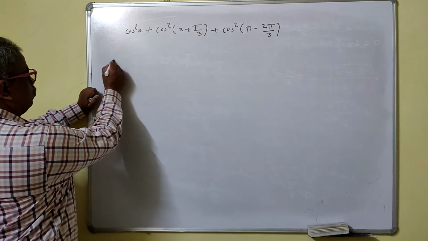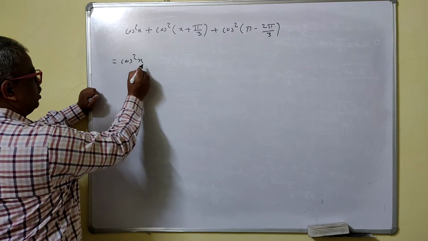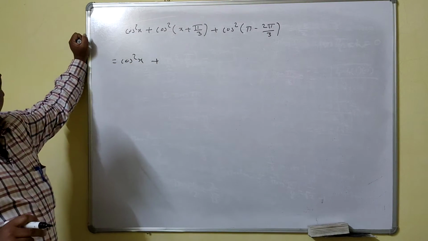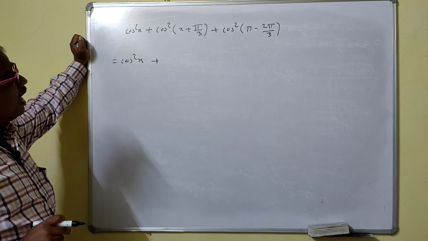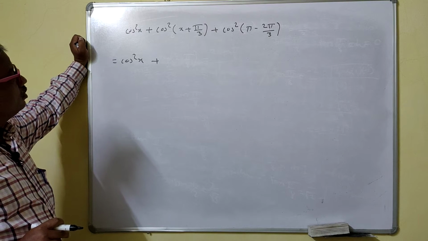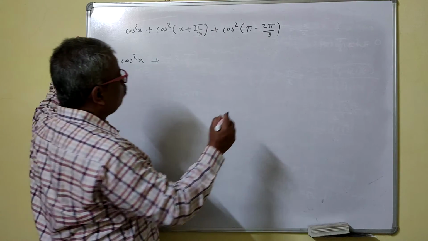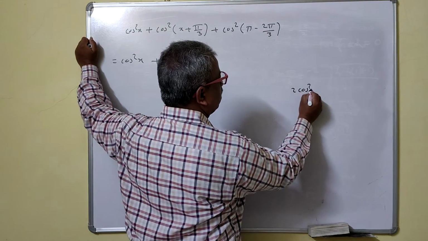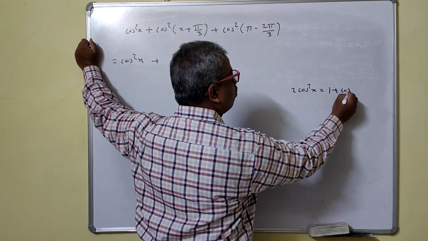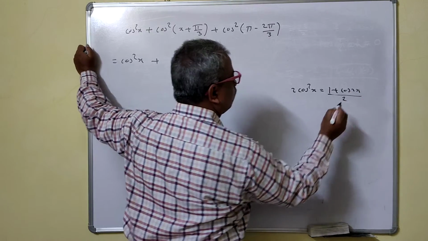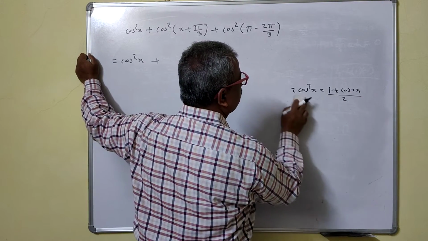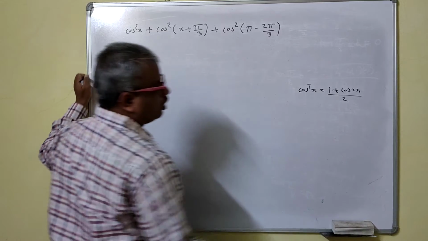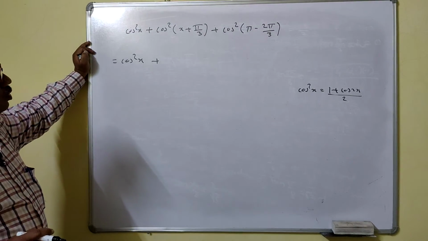So this is cos square x. I will write this cos square as 2 cos square x is nothing but 1 plus cos twice x, upon 2. So that means cos square x is 1 plus cos twice x upon 2.